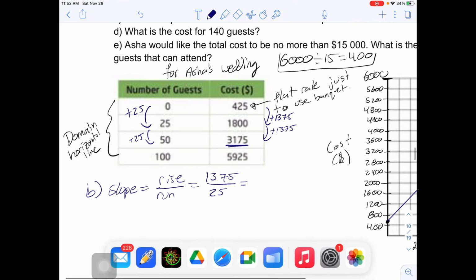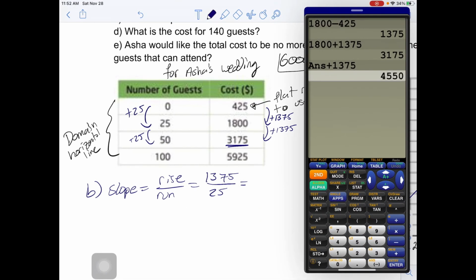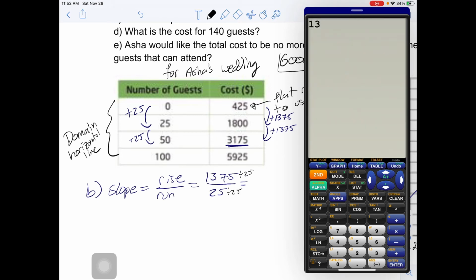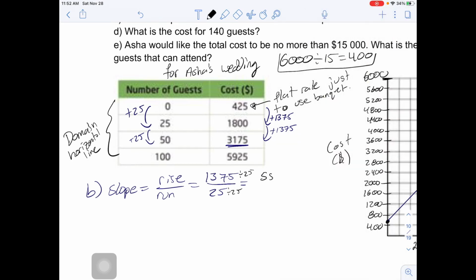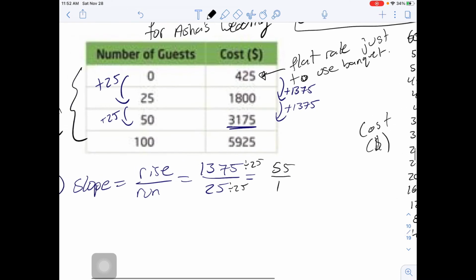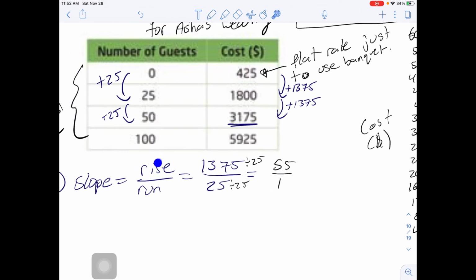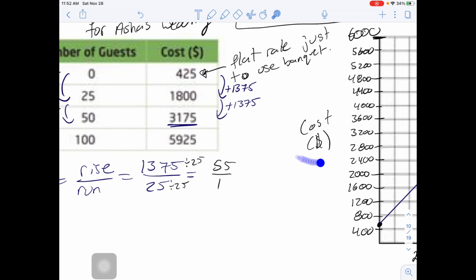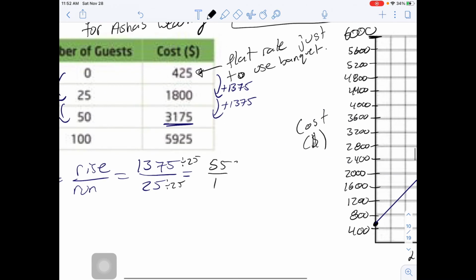So now we can take out our calculator and see if both these numbers are divisible by 25, and I believe they are. 1,375 divided by 25, well, that gives me 55. So 55 over 1. Now remember, what does our rise measured in? It's measured in dollars.